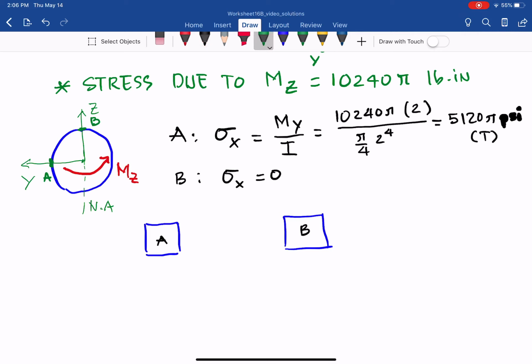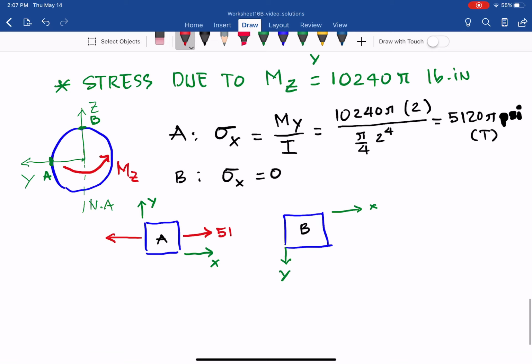So X, Z, and that one is X, Y, and here we have the tension, so we have that one in X, 5,125 psi, and at B nothing.